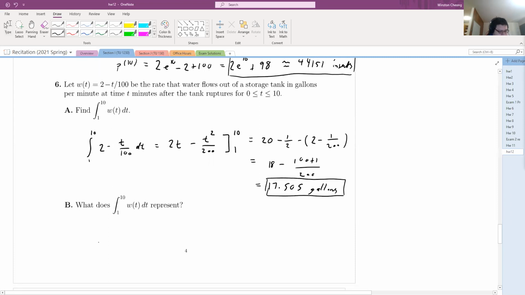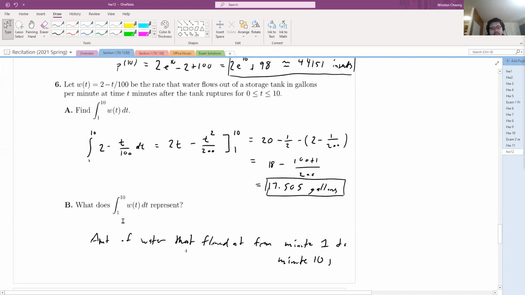So this is the amount of water that flowed out from minute 1 to minute 10. Since the two points in time are 1 and 10, that corresponds to minute 1 and minute 10.